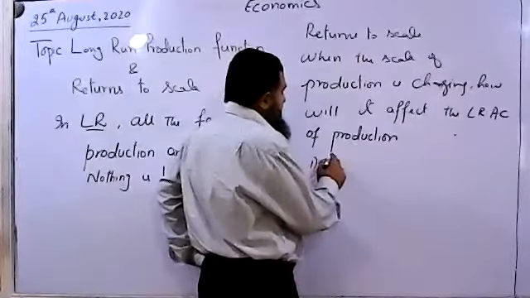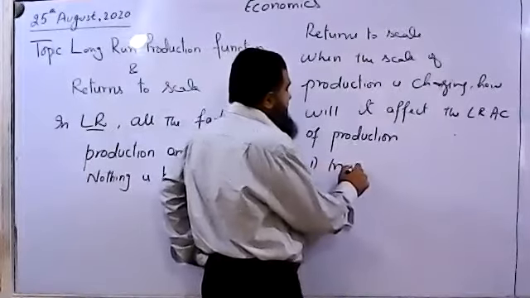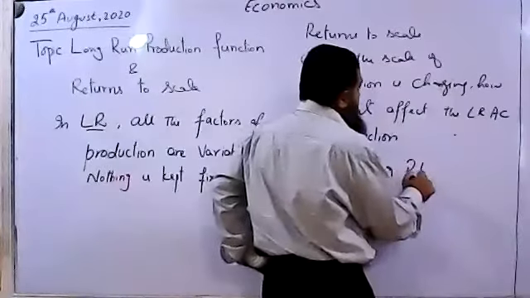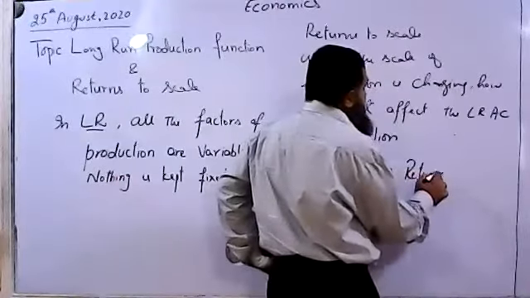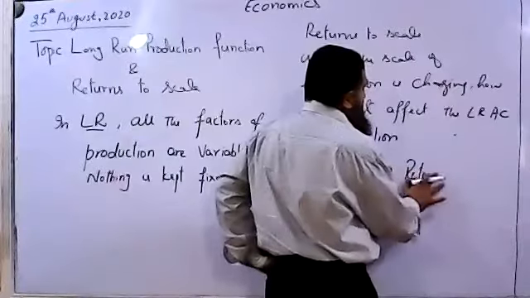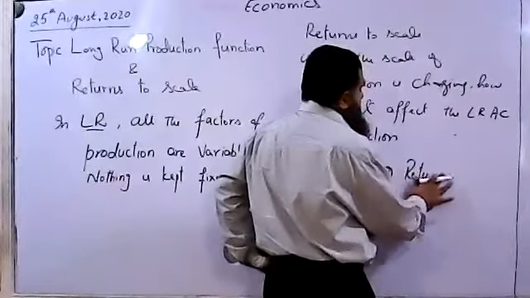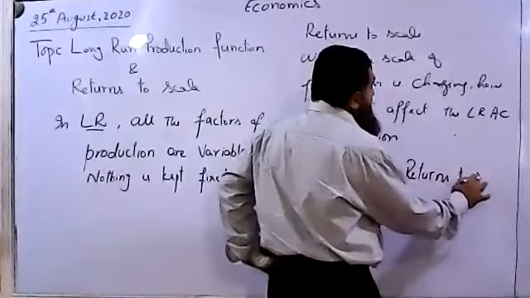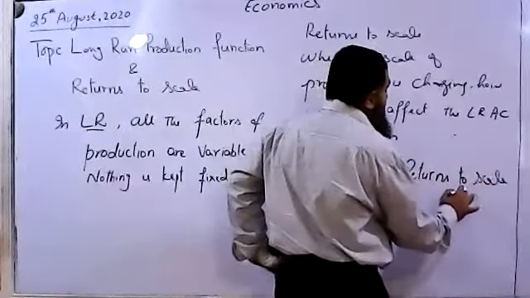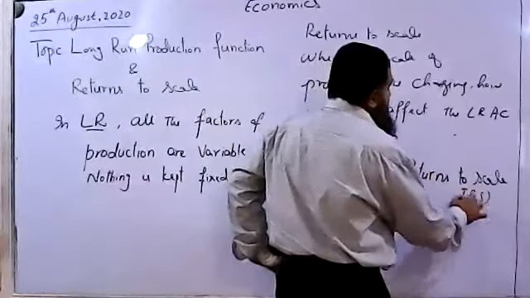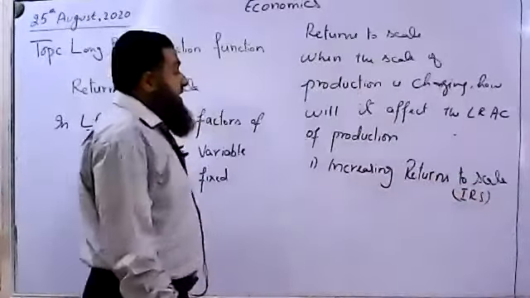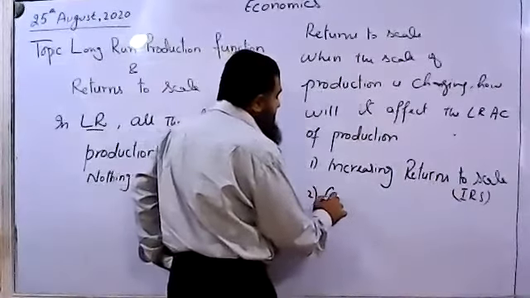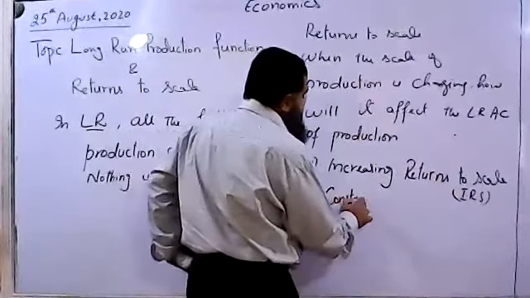One is called increasing returns to scale, that is called IRS production. Second is called constant returns to scale.